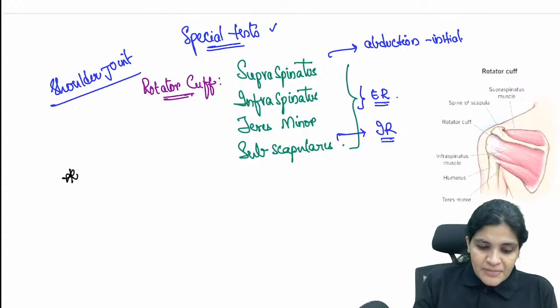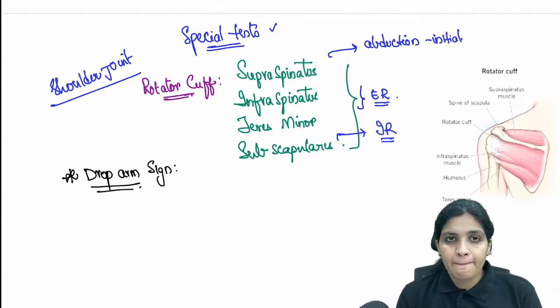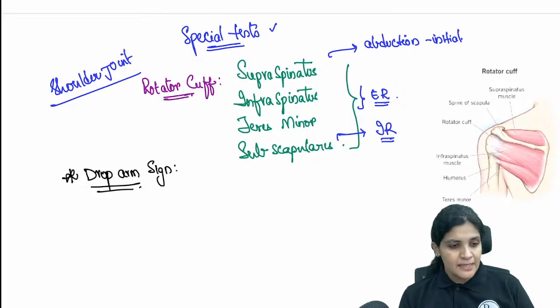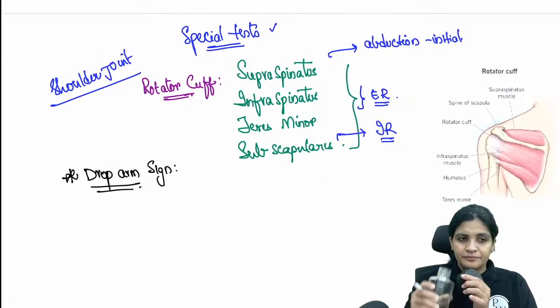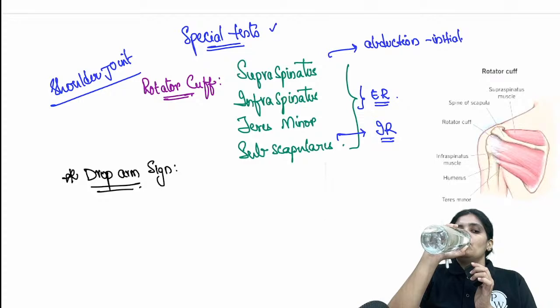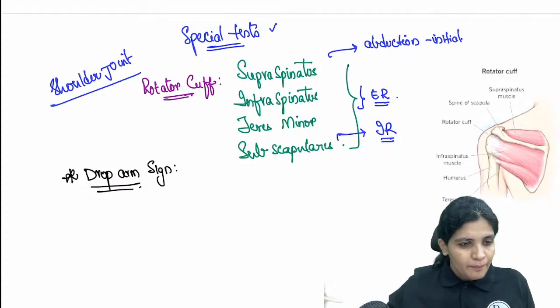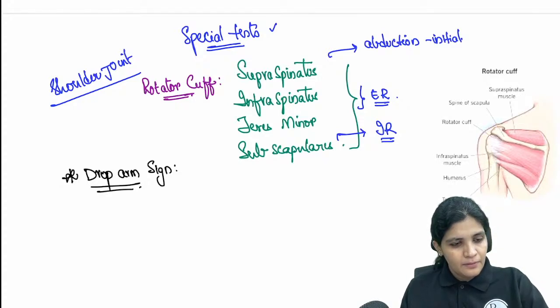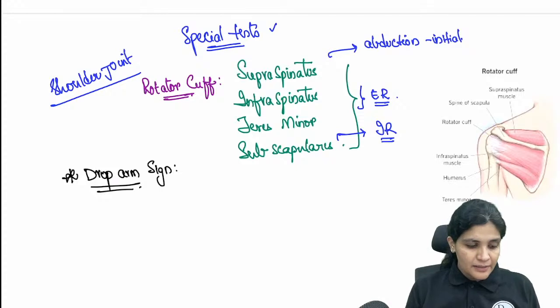So what is the drop arm sign? A drop arm sign is usually seen in case of a supraspinatus tear, right?